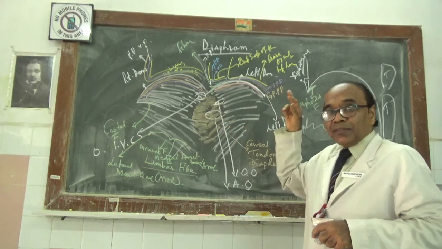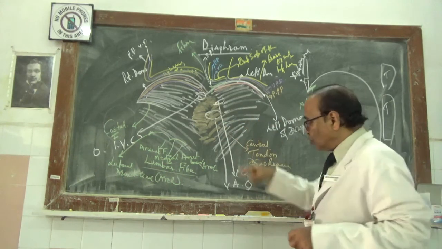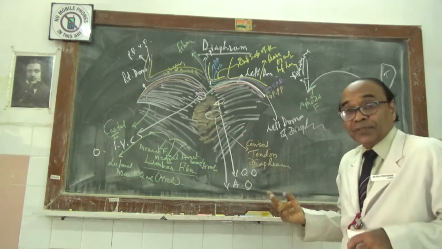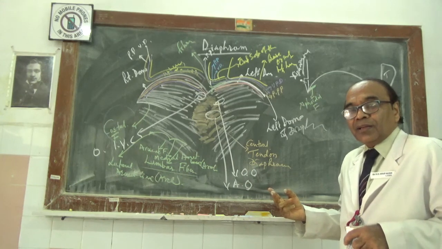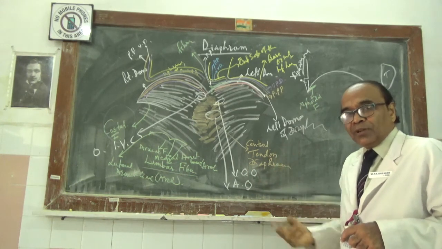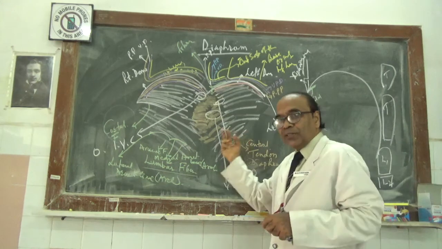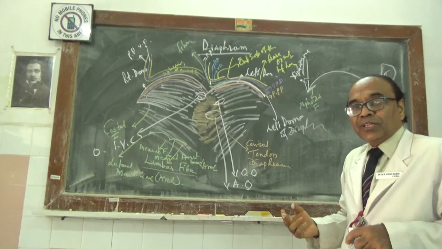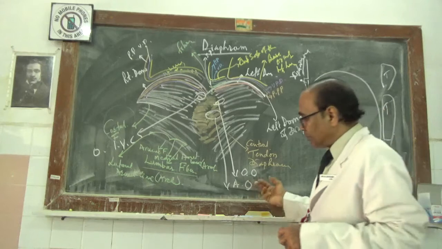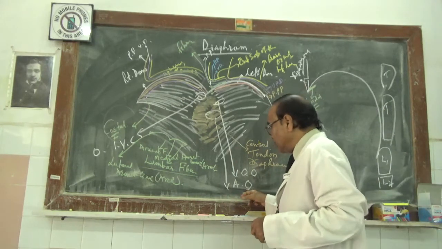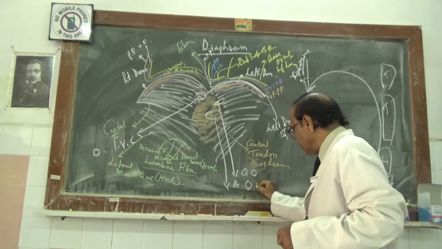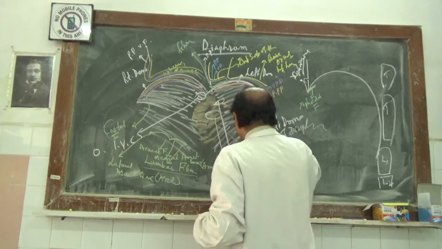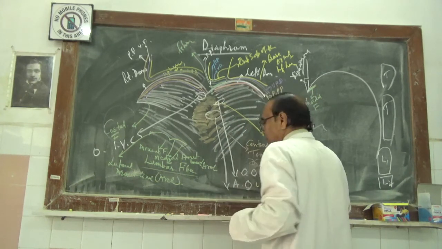Behind the abdominal aorta, the thoracic duct will also run through here. This will be at the level of the lower border of the 12th thoracic vertebra.